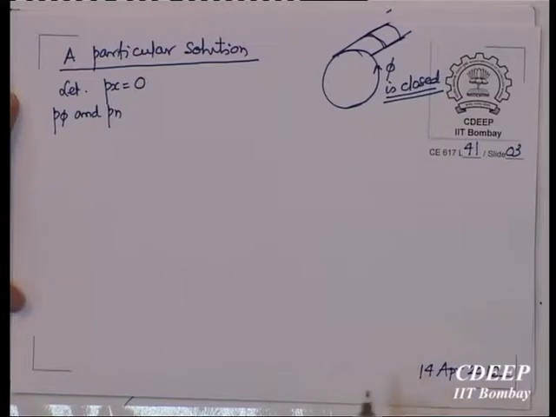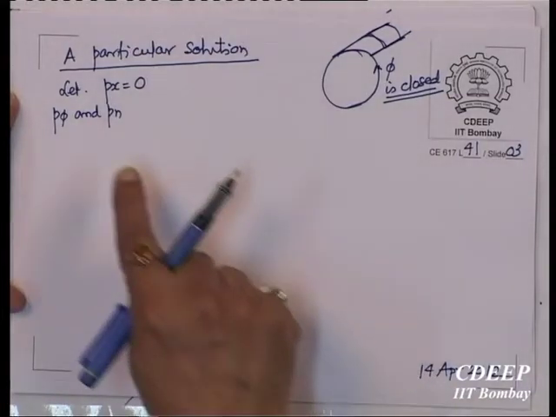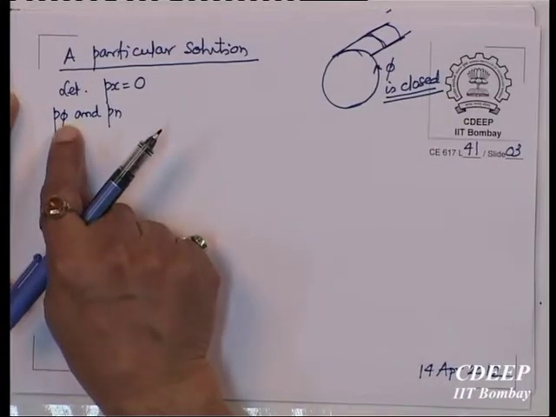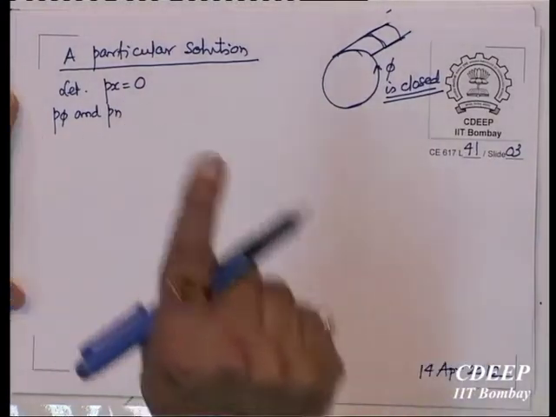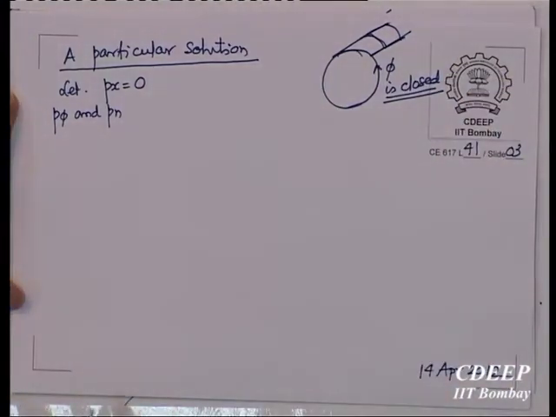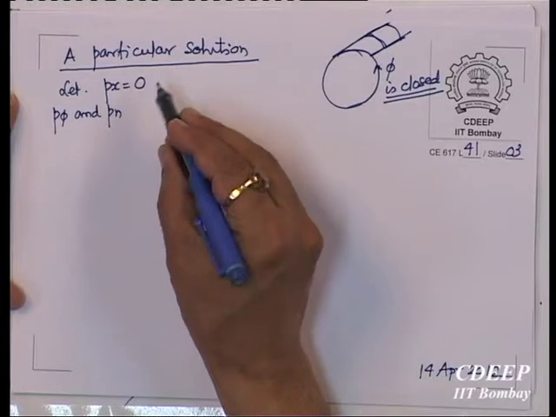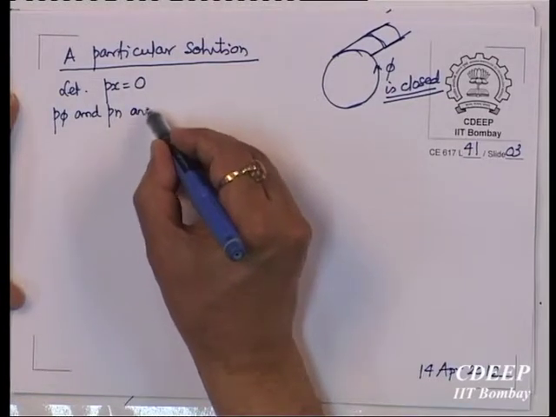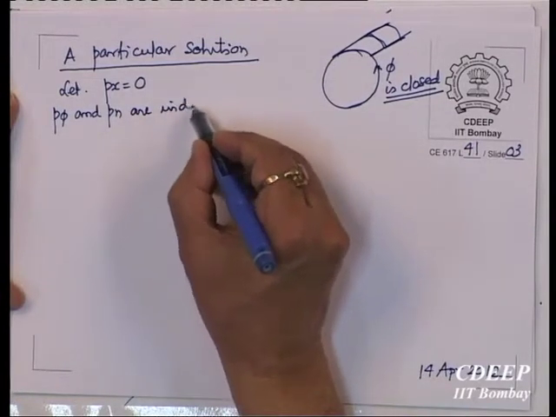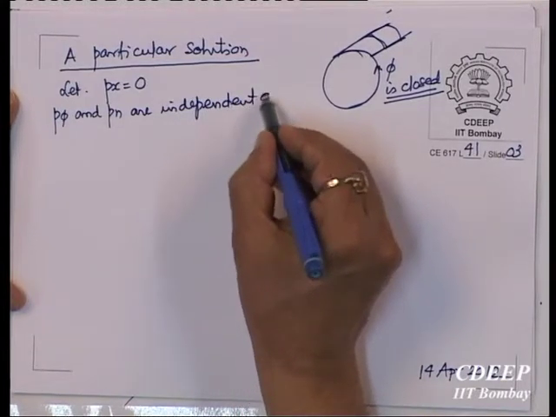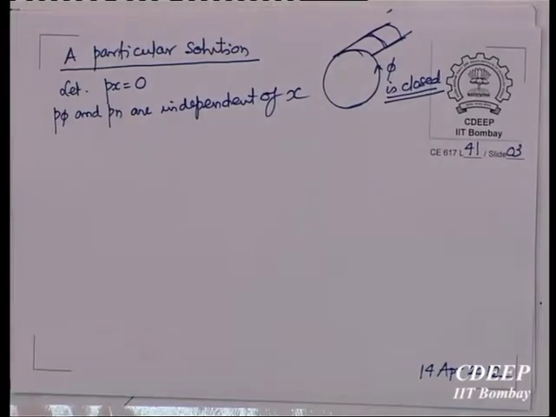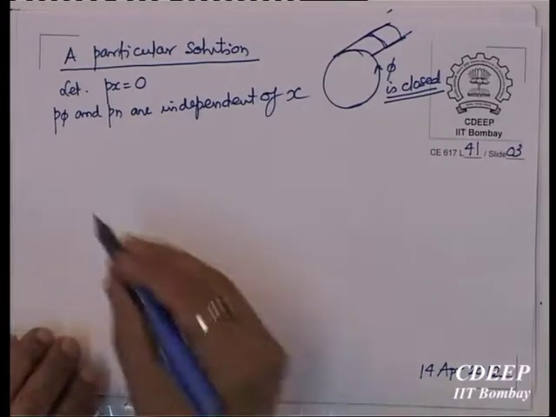Still, it can be a non-symmetric load even in this case, because P phi will give rise to non-symmetric load. If P phi is present, it is not axisymmetric. So, if P phi and P n are independent of x, then your equations become simpler.